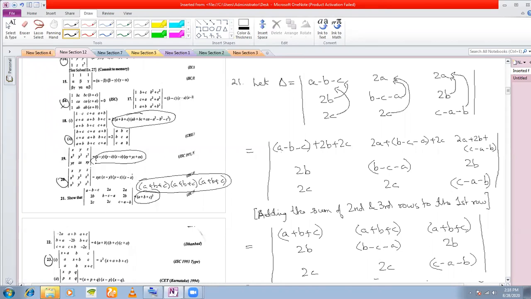In this problem, before starting, I told you you have to take A plus B plus C out, because on the right hand side I have A plus B plus C as a factor. Here I had X minus Y, Y minus Z, Z minus X. So what came into my mind? That I have to take X minus Y common and Y minus Z common as the factor. At least one or two factors I can take out. Yes, that was in my head.